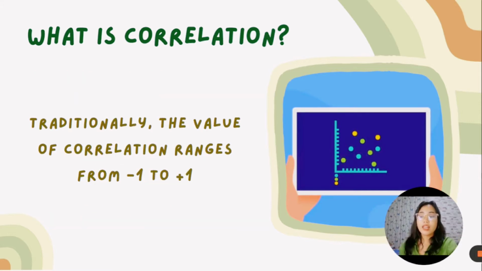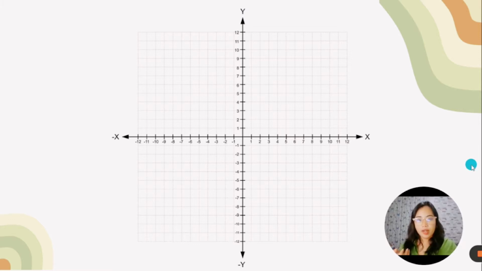Traditionally, correlation has a value that ranges only from -1 to +1. For example, we have here a Cartesian plane. When we talk about the value of correlation, it only ranges from -1 to +1, or on the y-axis, -1 to +1.